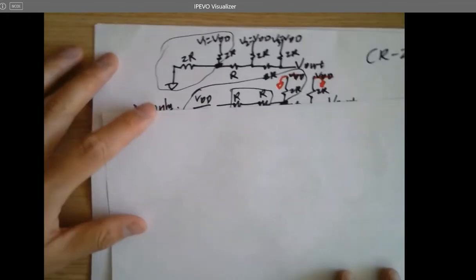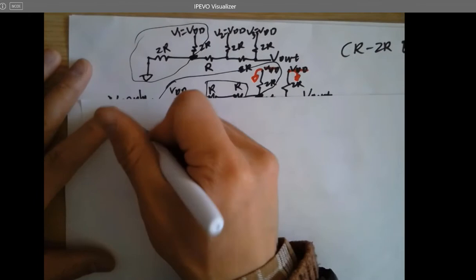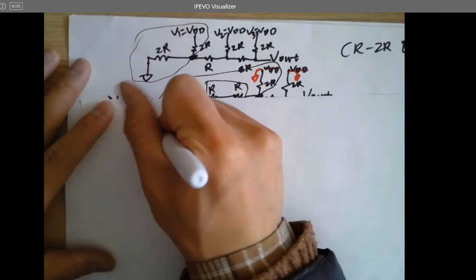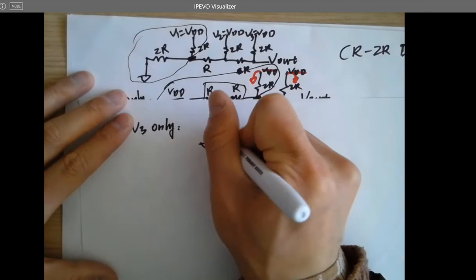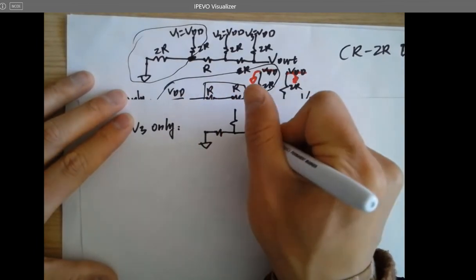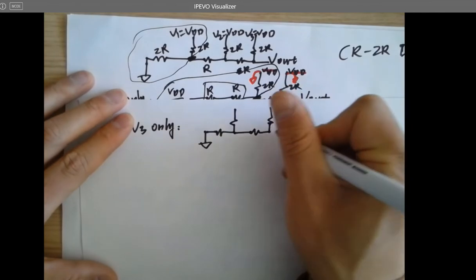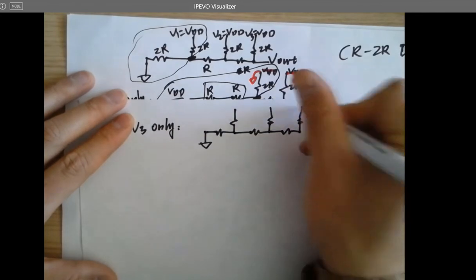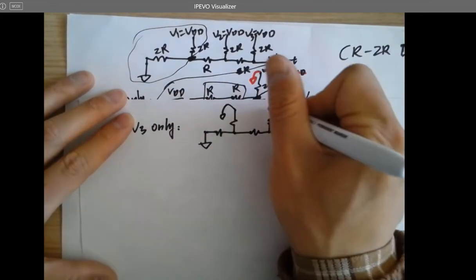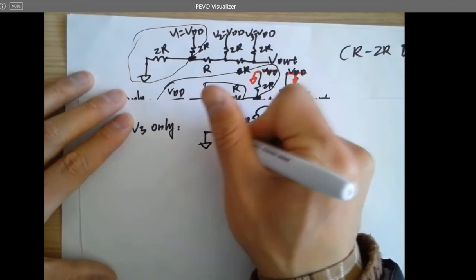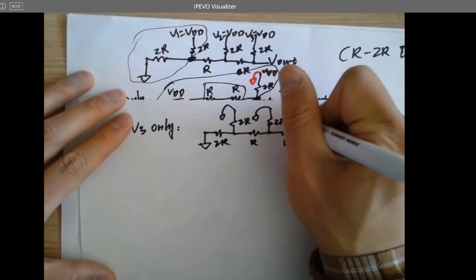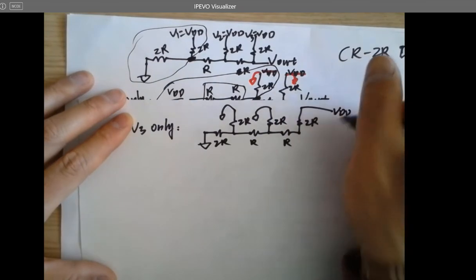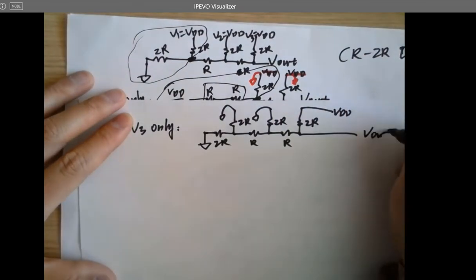Still the same circuit, but V3 only. So all the other V1 and V2 are grounded. Grounded, grounded, 2R, 2R, R, R, 2R, 2R, VDD. So calculate Vout in this case.